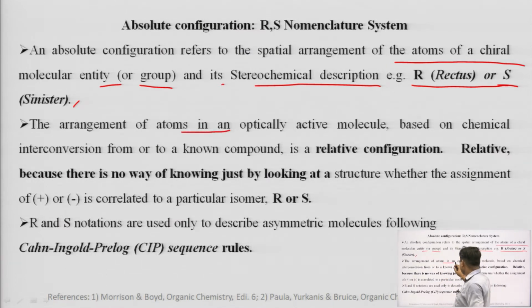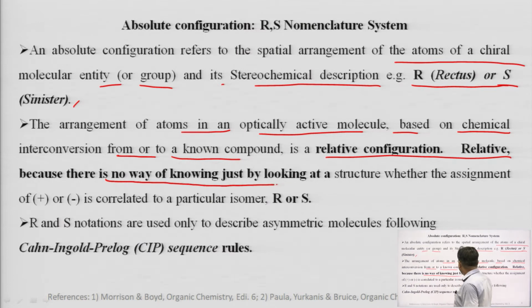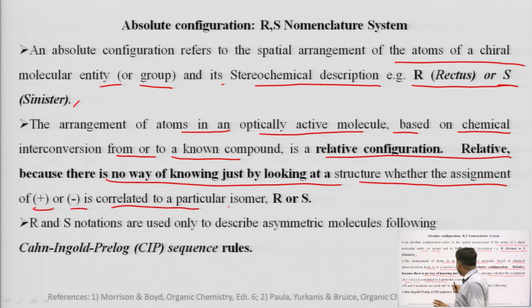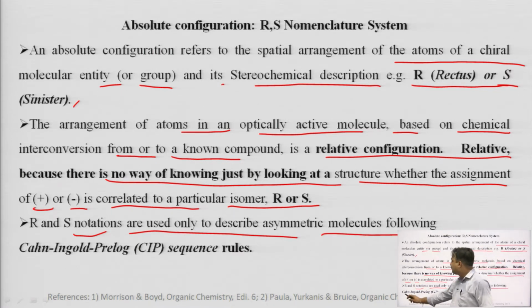The arrangement of atoms in an optically active molecule based on a chemical interconversion from or to a known compound is relative configuration, because there is no way of knowing just by looking at the structure whether the assignment of plus or minus is correlated to a particular isomer, that is R or S. R and S notation are used only to describe asymmetric molecules following the Cahn-Ingold-Prelog sequence rules, that is the CIP sequence rules, as I told you.